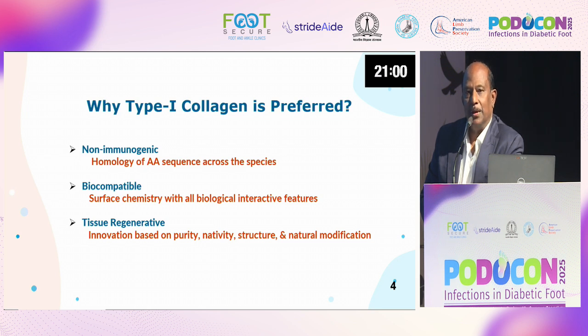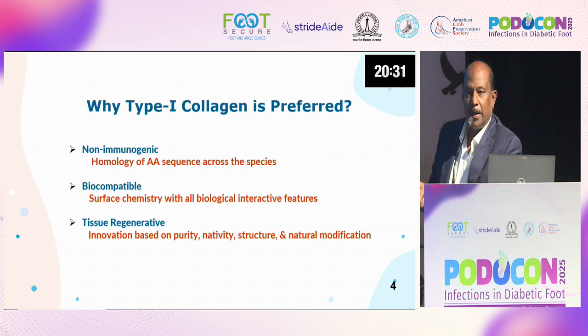Homology means the similarity of the amino acid sequence is extremely identical, more than 97% in type 1 collagen. What that tells you is that if I take type 1 collagen from one species or animal and implant it in another animal, it doesn't reject.